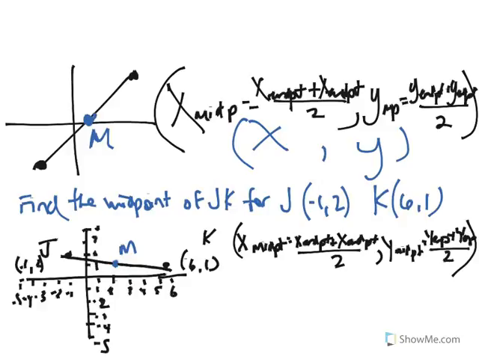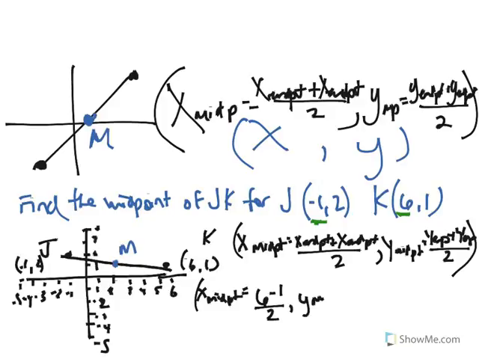Okay, so for my x midpoint, I'm going to have these two numbers added together and divided by 2. It's 5 divided by 2.